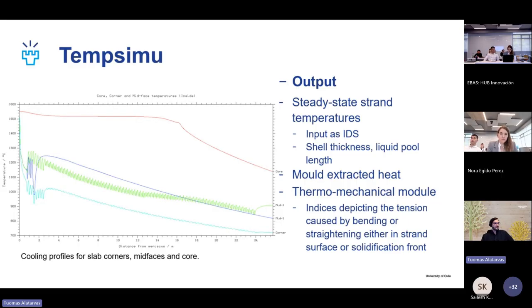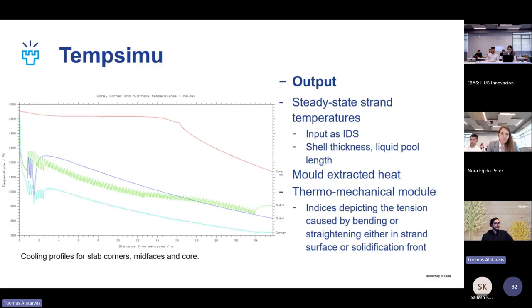And because we have this strand temperature profile for the whole strand, we also get as a result, for example, the shell thickness in different sections of the strand or the liquid pool length. And also we have the extracted heat from the mold in the primary cooling zone.